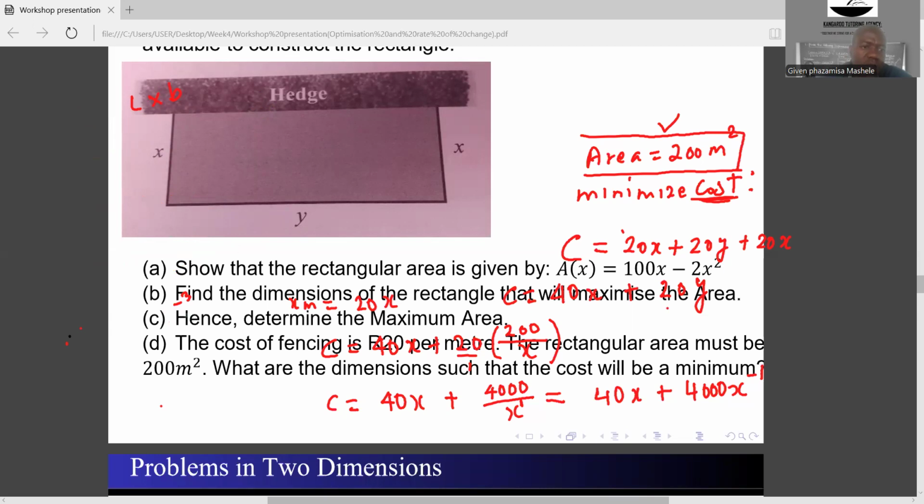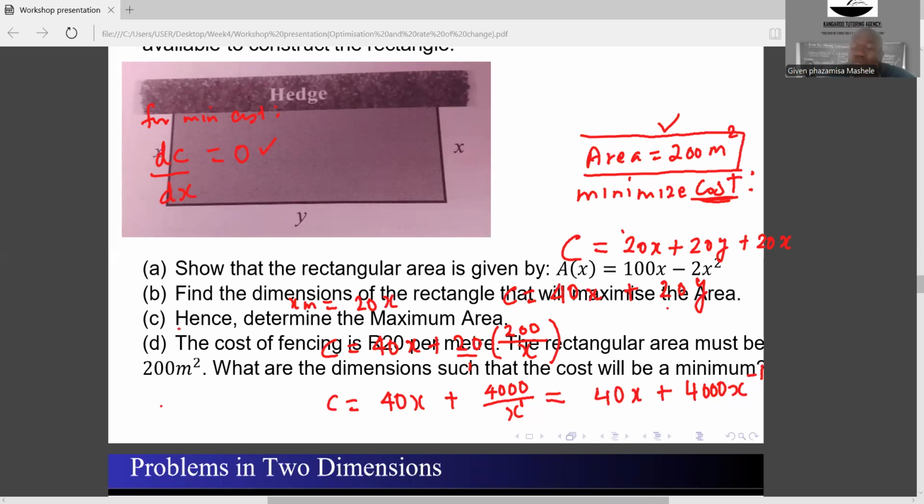So for the minimum cost, to minimize the cost, the derivative of the cost with respect to the variable of interest, which is x, should always be equal to 0. Minimum or maximum, we always do this. So we're going to differentiate the cost with respect to x here.